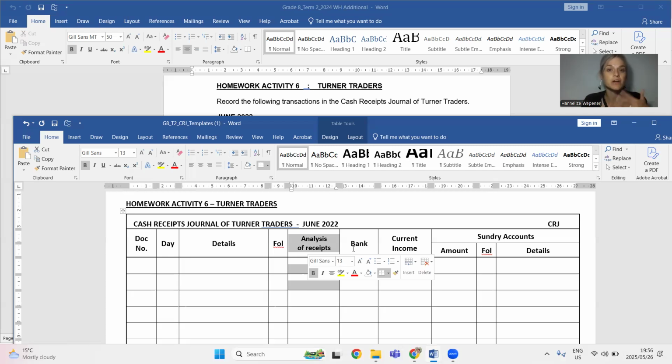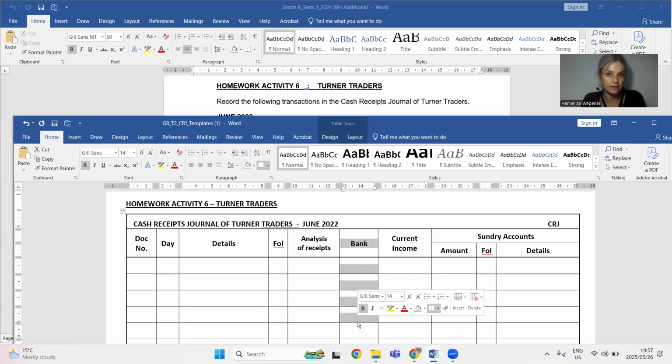Then remember, you have now received all of this money and you want to show that you have received all of this money. Therefore, all of your receipts must go to bank. So you may not have a transaction in your CRJ that does not reflect in bank. Then once you have it in bank, you are going to ask yourself, why did I receive this money?